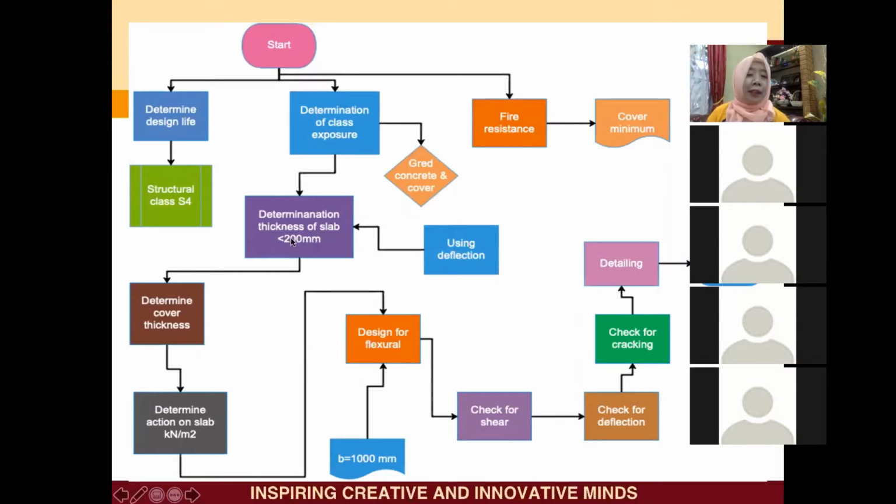If you choose greater than 200, then we need to do a long calculation. Last time you learned how to check the deflection and cracking for the slab. We have two methods in Eurocode. The first is the long calculation, and the second one is checking. For the checking only, we require that the slab is less than 200.